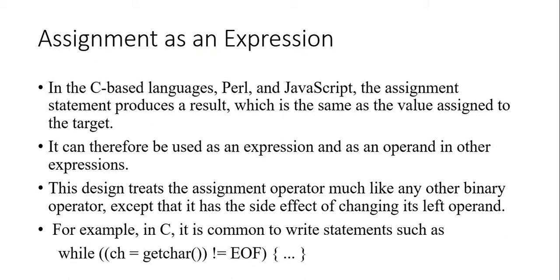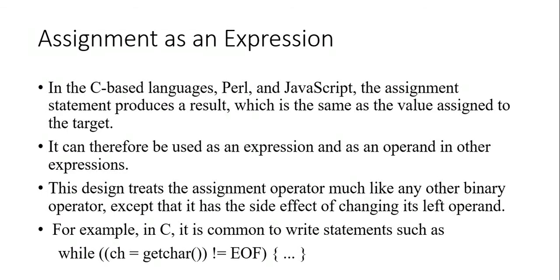So here this assignment statement actually gets a value. Okay, that is, it actually produces a result, and that result will be the value assigned to the target, that is the value that is assigned to the variable ch. Okay, so if the value of ch is not equal to EOF, then this will be executed.